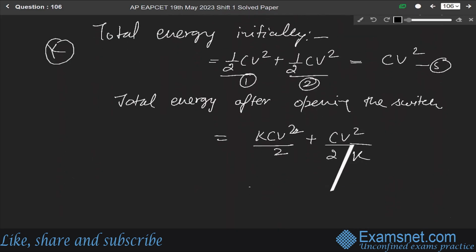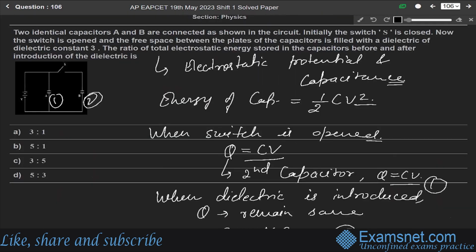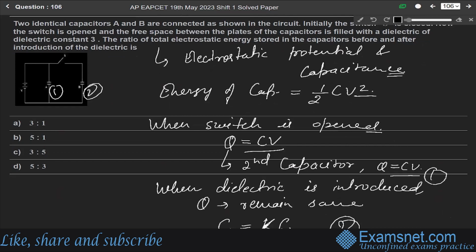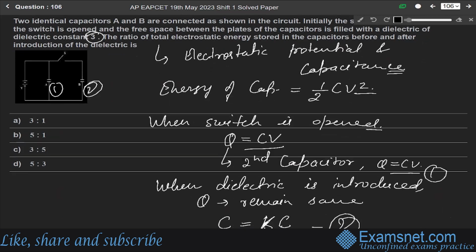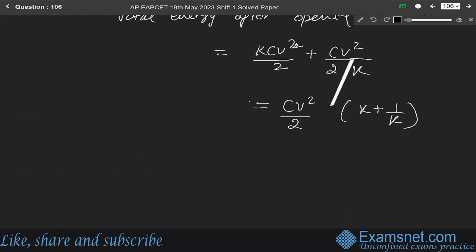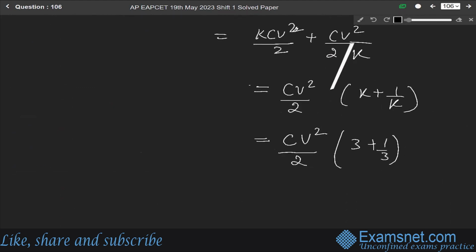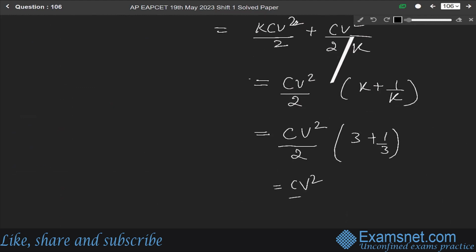After the introduction of the dielectric, it becomes CV square over 2 into K plus 1 by K. Now in this question, we are given the dielectric constant K equals 3. Putting K equals 3, we get CV square over 2 into 3 plus 1 by 3. So it becomes CV square over 2, 3 threes are 9, plus 1 over 3.